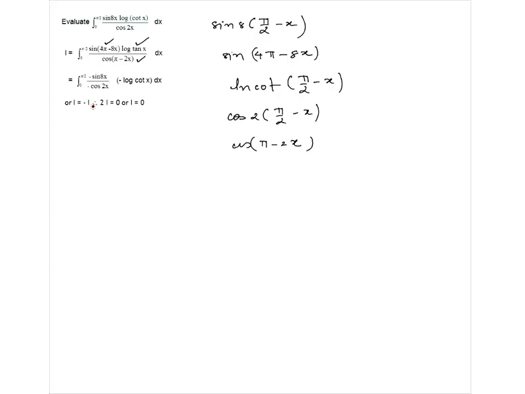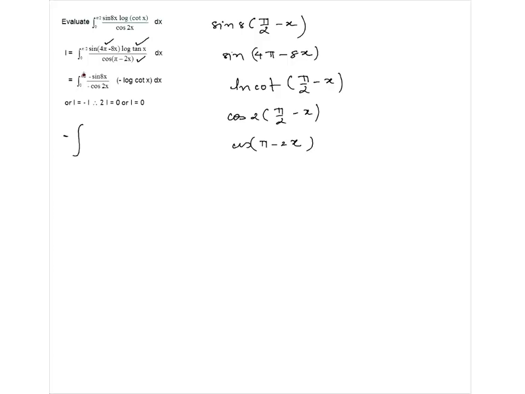Yes. By I is equal to minus 1? No, I is not equal to minus 1. I is equal to minus I. Minus minus minus will get you a minus sign.